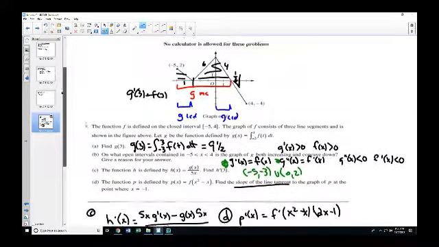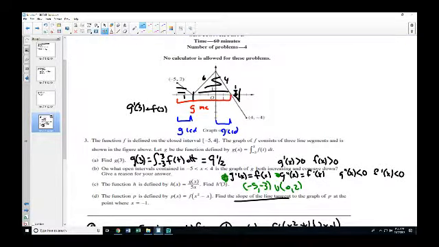Okay, so what's F prime at 2? You know what, we might have goofed on the previous answer. What's the slope of that line? -2. So we go down 8 over 4, -2.